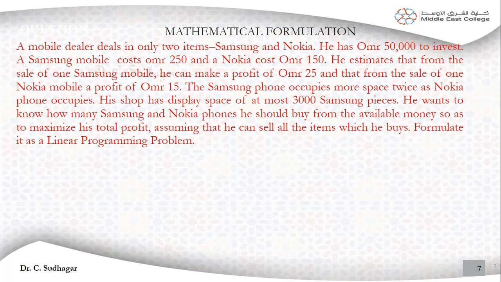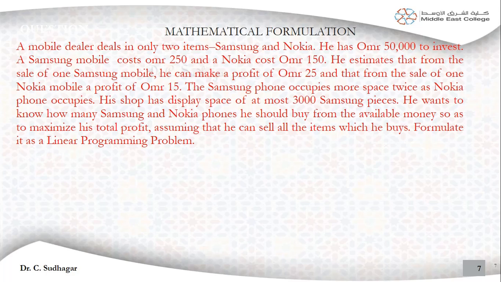When keeping them in the display or showcase, Samsung mobiles are bigger, so each takes double the space of a Nokia phone. So these are the conditions given to us. Finally, we want to maximize the profit.